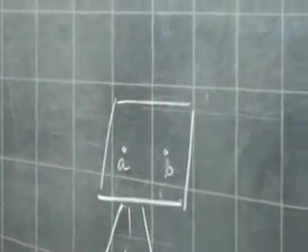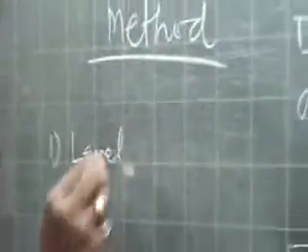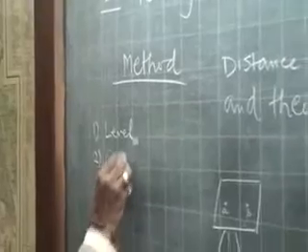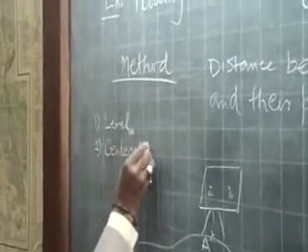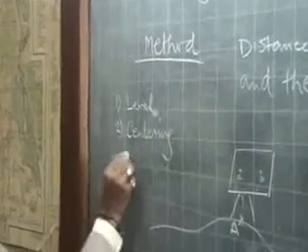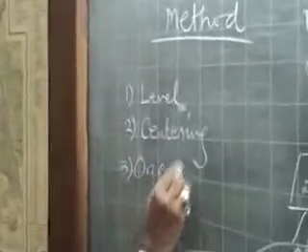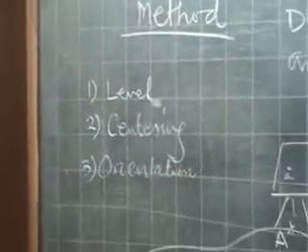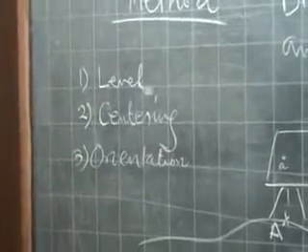Now to start this experiment, we have to again level the plane table top. Then we have to do centering of the plane table over that station. And third part is orientation. We are doing orientation of the plane table with respect to north direction.